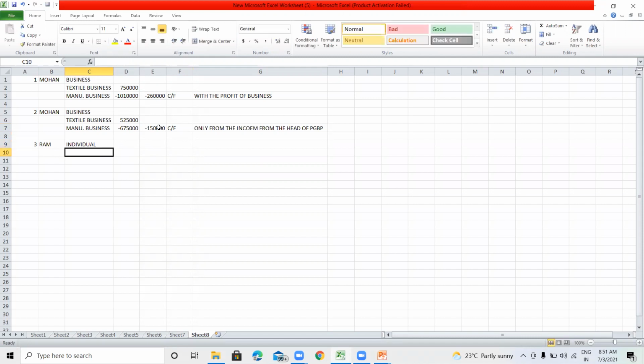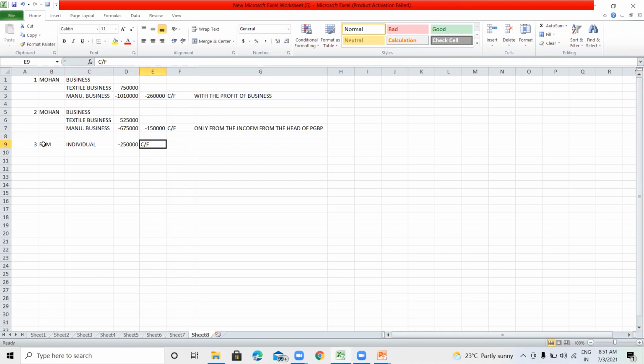He is working as an individual and he has a loss of rupees 2,50,000, and such losses are carried forward by him. If his business is succeeded by any other person, now he is not carrying out the business in his individual capacity.